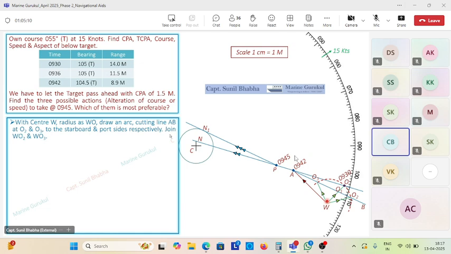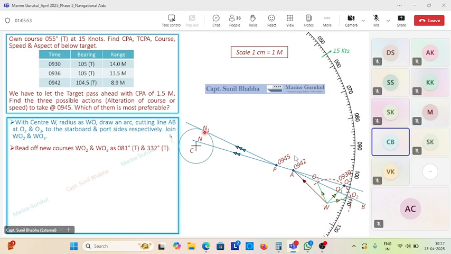Now these two vectors which we have obtained, WO2 and WO3, represent that if our ship moves on a course of WO2 without any change in the speed of the ship, then the new triangle would be WO2A. This is going to result in a line of approach O2A, and effective at 9:45, this will result in the vessel moving on line of approach PN1 coming at CPA at point N1, which is the desired CPA of 1.5 miles.